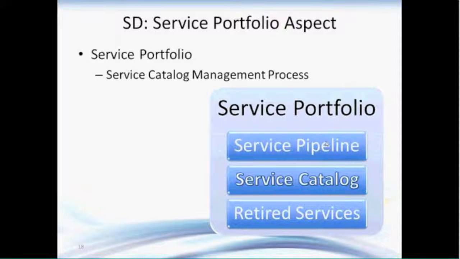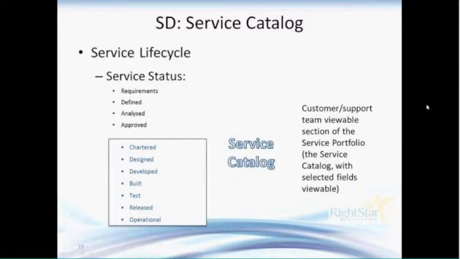So in the service catalog, you can see that through this service lifecycle, in the service portfolio, we're looking at the requirements, we're defining the service, we're providing analysis, we're providing approval for the service to go forward. So the approval is the signature. You've gotten sign-off.